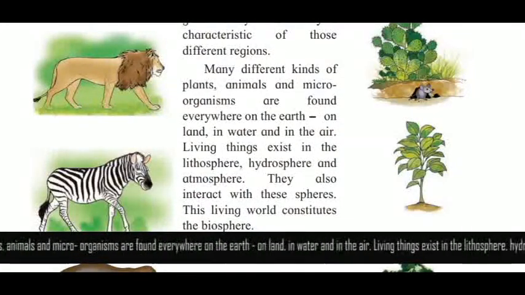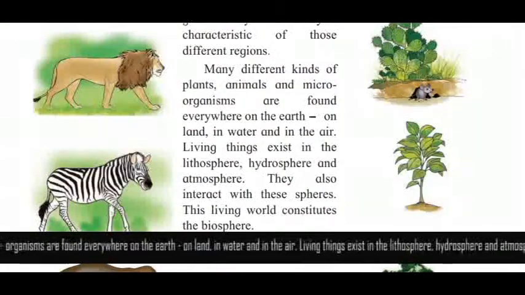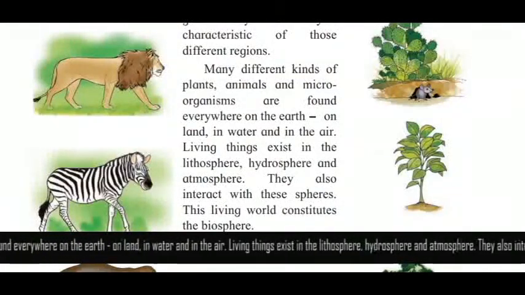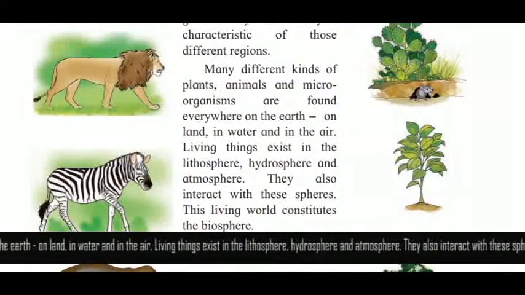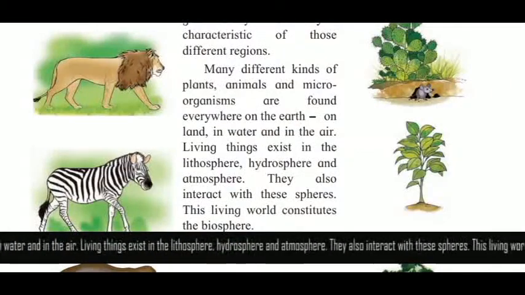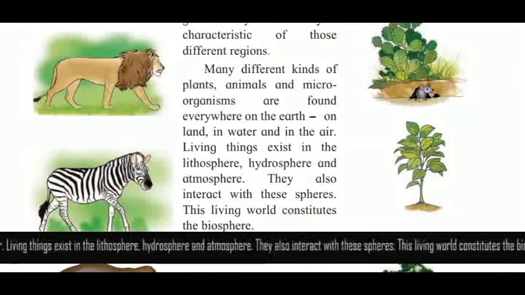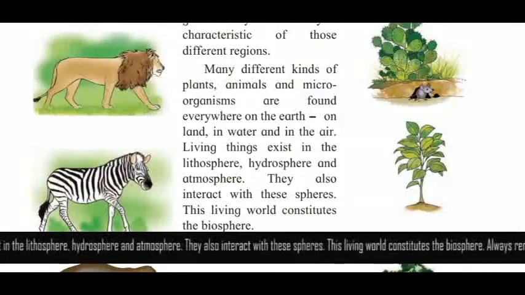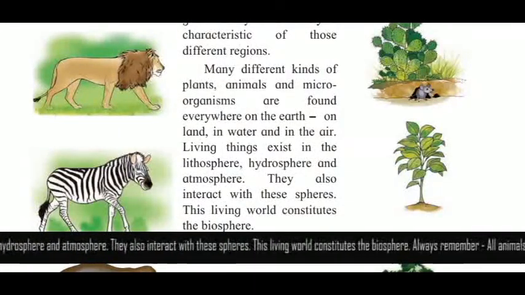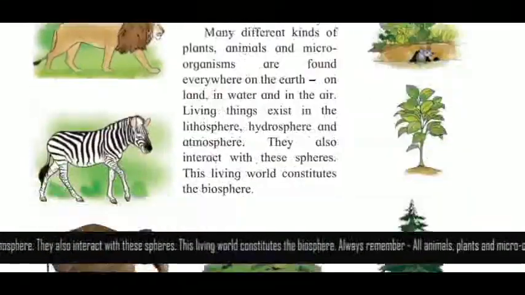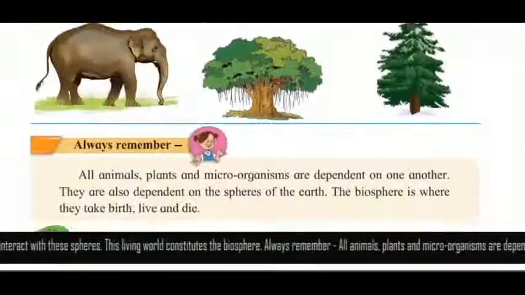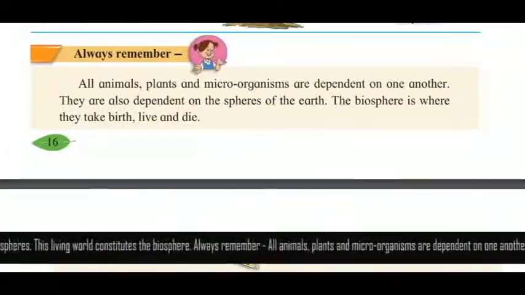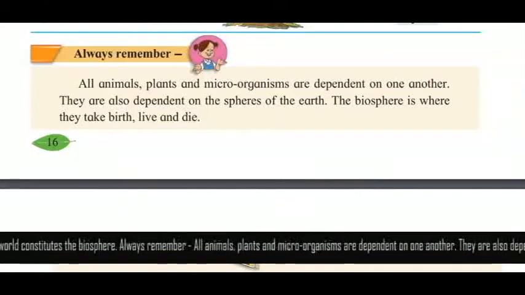Many different kinds of plants, animals and microorganisms are found everywhere on the earth, on land, in water and in the air. Living things exist in the lithosphere, hydrosphere and atmosphere. They also interact with these spheres.